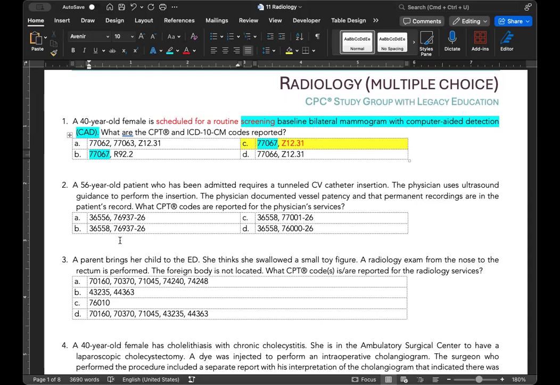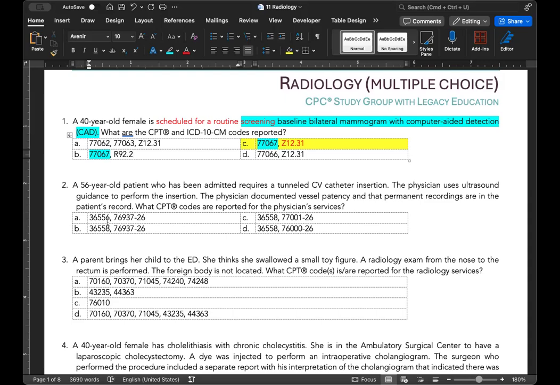The way that I would do it is, I have two options that have 76937, and my other two options are different codes. So I'm going to go to 76937, because I'm either going to confirm that that is a correct code or I'm going to rule it out and say it should be one of the other two radiology codes.